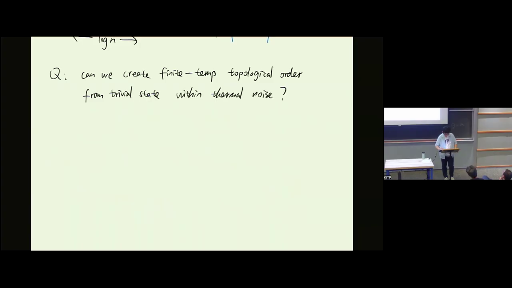This is asking, can we create our beautiful finite temperature topological order state for the 4D toric code starting from nothing? And you are not allowed to do anything fancy. You are not allowed to do classical computing and so on. You only have thermal noise. And so in an upcoming work, we consider the following very simple idea. Let's still call it a conjecture. Conjecture 1, which I call self-correcting state preparation.